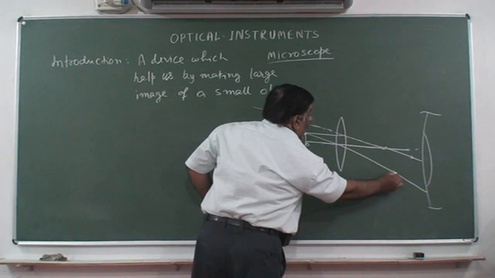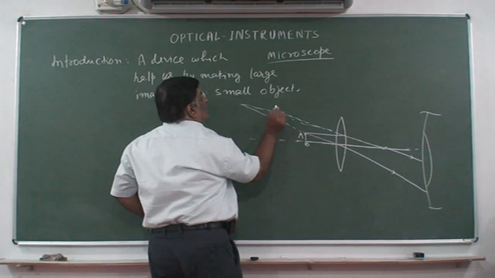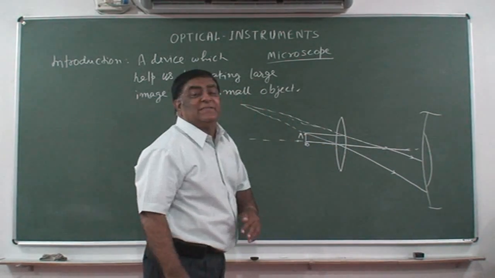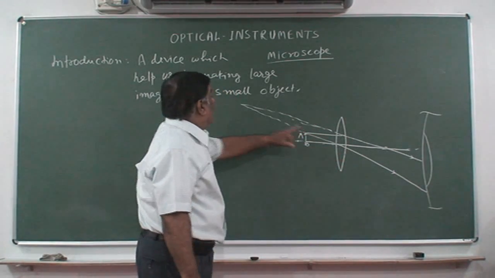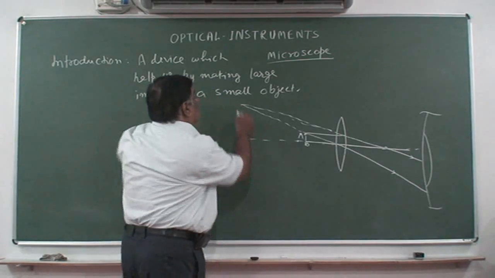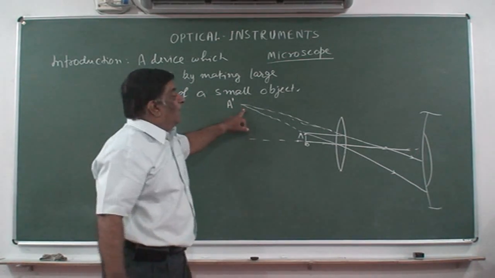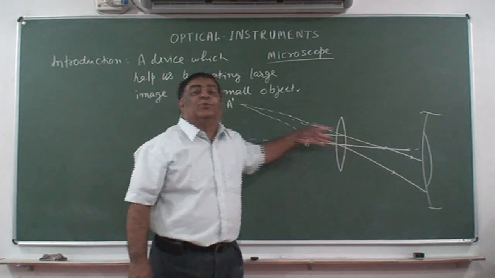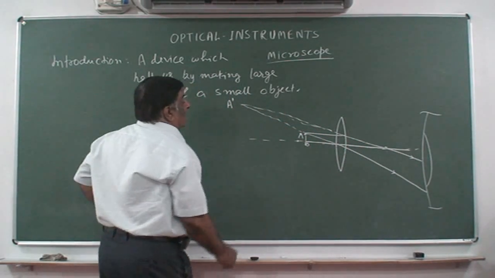Due to this ray, I observe that A is somewhere here. This is the point from where both the rays appear to come. So, A dash is the image of A.